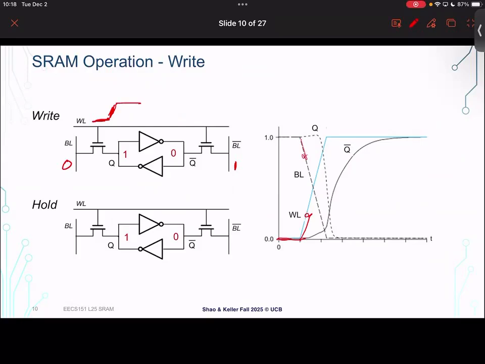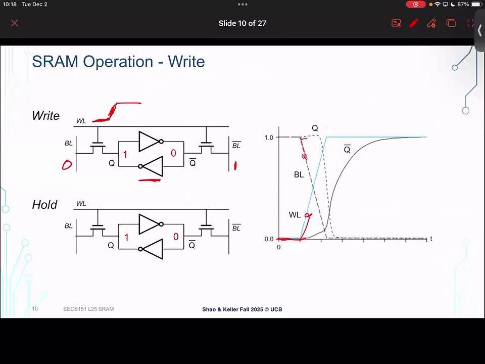And what does that mean? This is that same fight that we looked at a couple of slides ago, where the feedback inverter, particularly the PMOS pull up transistor in that inverter, is trying to pull up the node Q to 1, but the access transistor is trying to pull down Q to 0. So they have this fight.